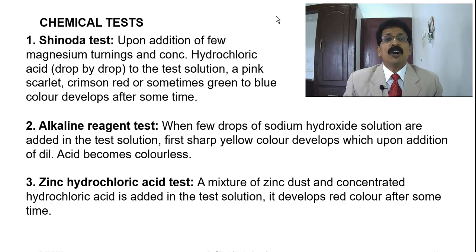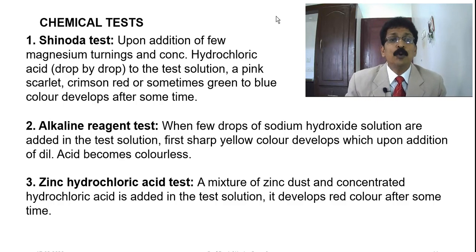Upon addition of a few magnesium turnings and concentrated hydrochloric acid drop by drop to the test solution, that means the already taken test solution of your flavonoid or isolated compound or isolated extract, a pink, scarlet, crimson red or sometimes green to blue color develops after some time. This is an identification test.